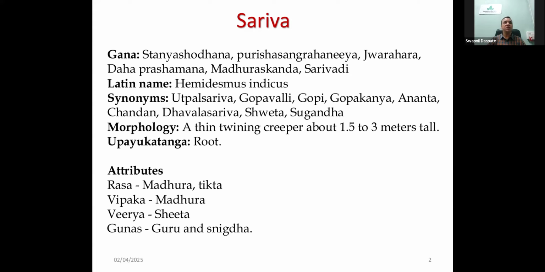Synonyms: Utpala Sariva, Gopavalli, Gopi, Gopakanya, Ananta. Ananta is one synonym which a lot of translators have used, and even we use it. Where we have the containers of the medicines or herbs, we usually don't write Sariva, we write Ananta. Ananta is that which does not have any limit.